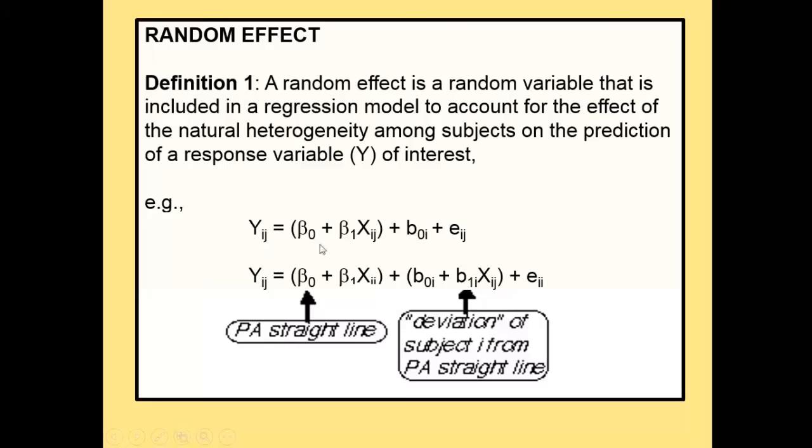And then there's xij, that's the predictor, the x value you're interested in. I'm just assuming now that there's only one predictor of interest, your exposure, say. And then this part of the model has a beta naught, an intercept, and a beta 1, a coefficient of the x variable. Beta naught and beta 1 are called fixed effects.